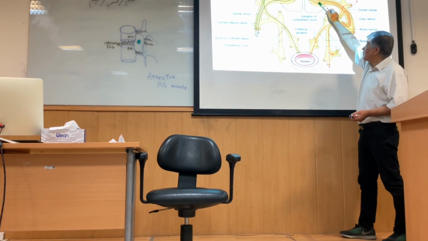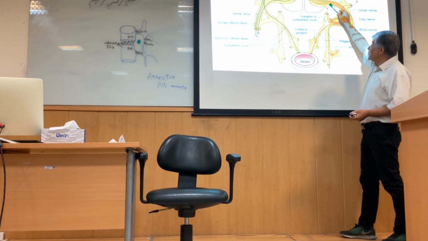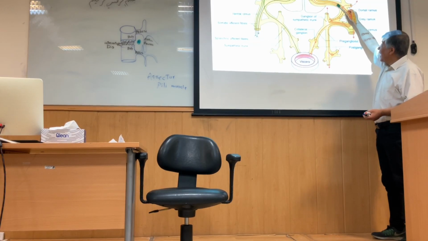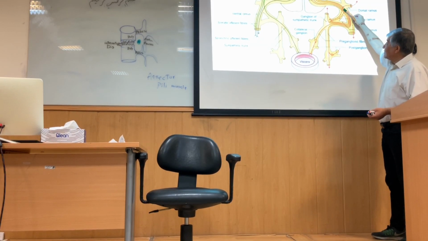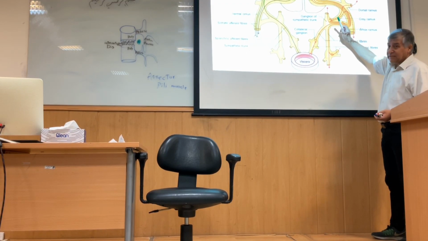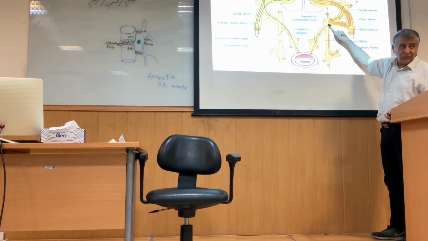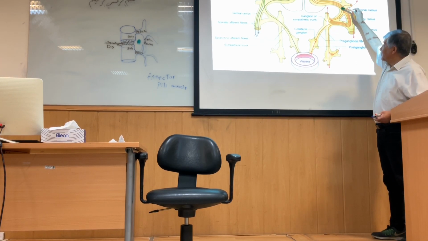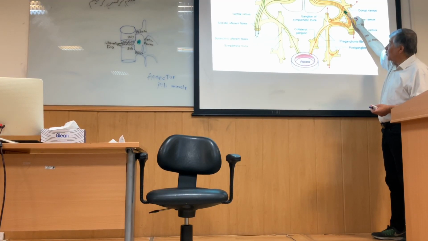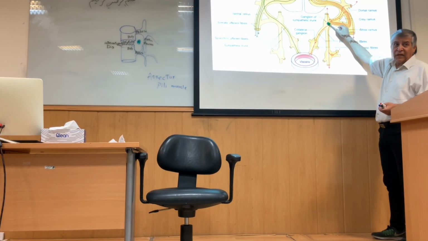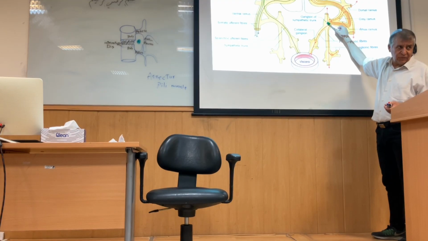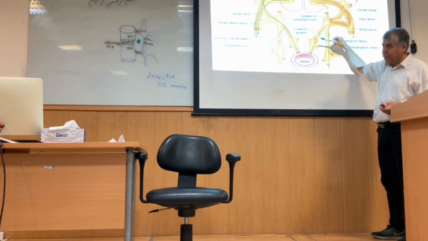This visceral motor fiber passes through the ventral root and leaves the spinal cord. These fibers have synapses in the ganglion. For this reason, these fibers leave the spinal cord and enter into the sympathetic ganglion. Okay?